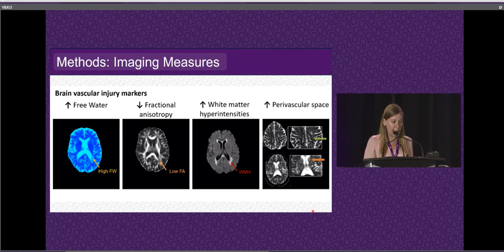And for Framingham, perivascular space consisted of a score from 0 to 3 according to the burden of PVS. That work was done by Dr. Rafael Romero from Boston University and collaborators of the Framingham Heart Study. So all these biomarkers provide complementary views in terms of chronology or mechanism of vascular injury burden in the brain.